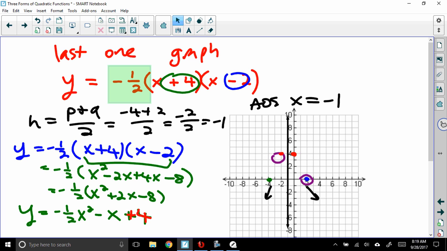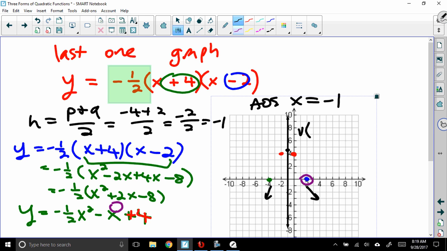So where are you saying the vertex is going to be? -1 and what? Not 5. 4.5. We have a winner. It's 4.5, right? Because the a value is a half. Now, if you don't see that, don't sweat it. Not the end of the world, but the vertex here would be -1, and then 4.5.